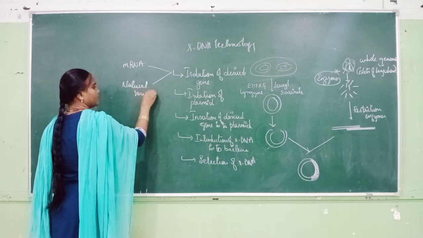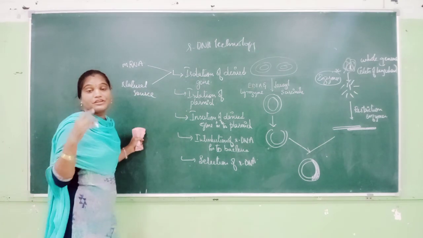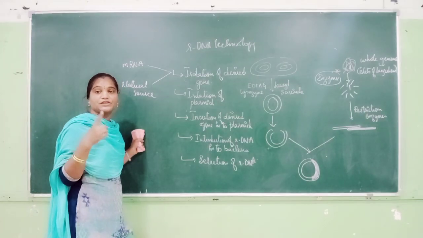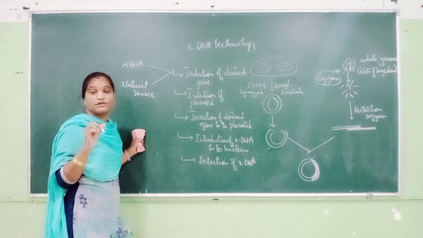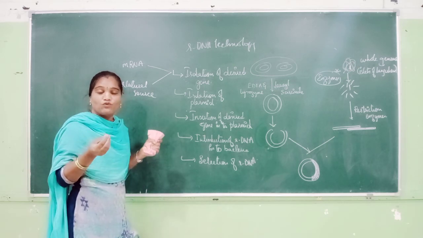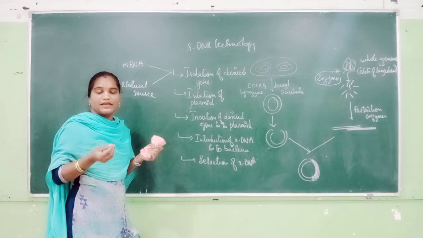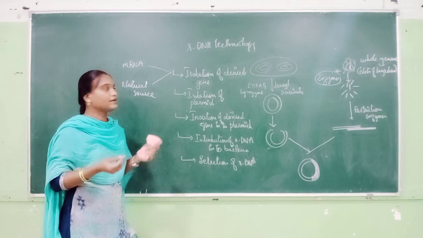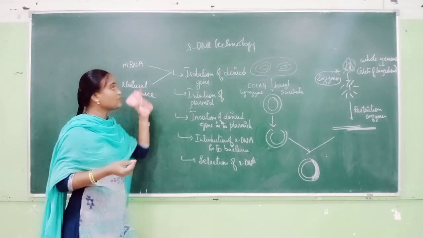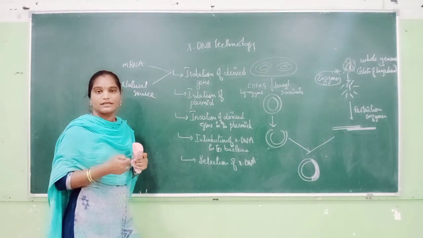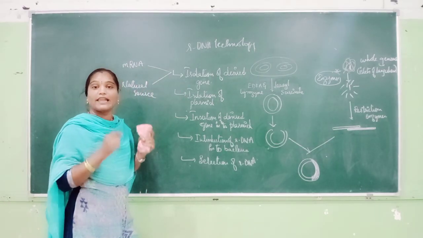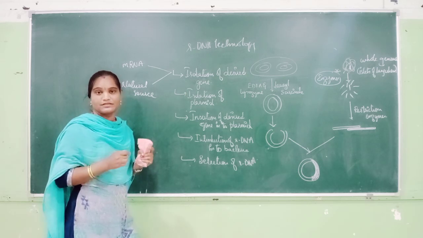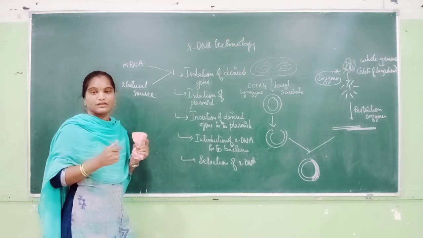So from mRNA, as I said earlier in your previous session, I have explained about reverse transcription. Reverse transcription means you will get the synthesis of a DNA molecule with the help of mRNA. So this is your mRNA isolated from the cells of the islets of Langerhans from human beings. So then you will get insulin, isn't it?